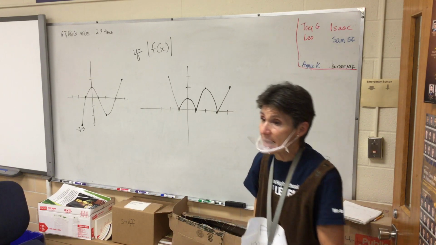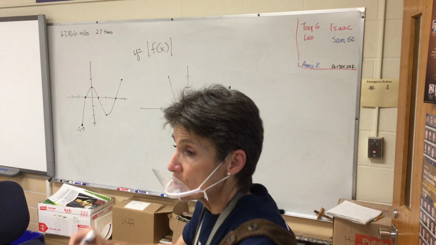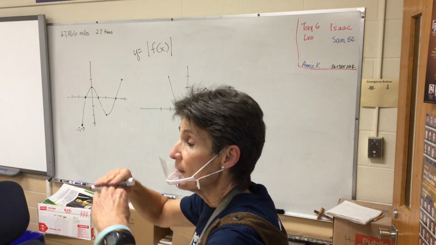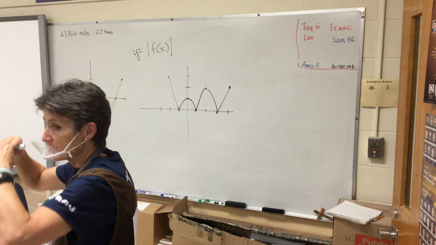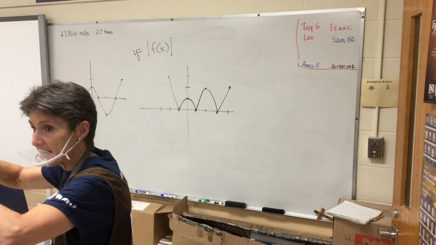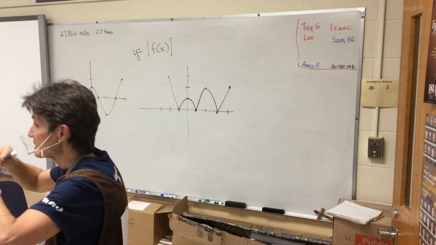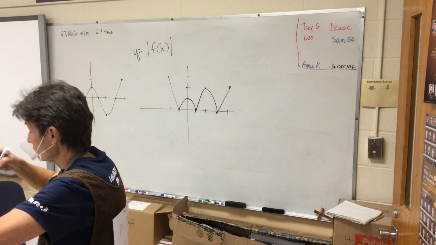And there is the absolute value. So how do we sketch the absolute value of something? If it's already positive, it just stays. If it's negative, it gets flipped up.